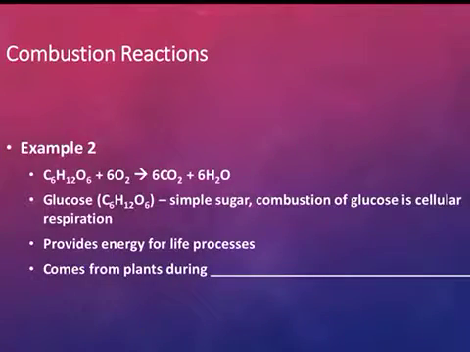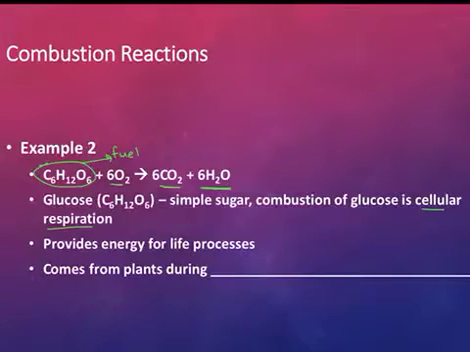Another example would be glucose. So here's that fuel. When it reacts with oxygen, it produces carbon dioxide and water. So glucose is a simple sugar, and the combustion of glucose is known as cellular respiration.